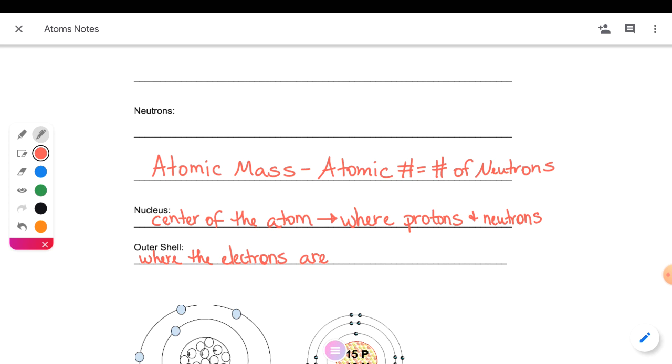Now, there is some important information about the outer shells. We're going to put the first ring right under this. I want you to write first ring equals 2 electrons.